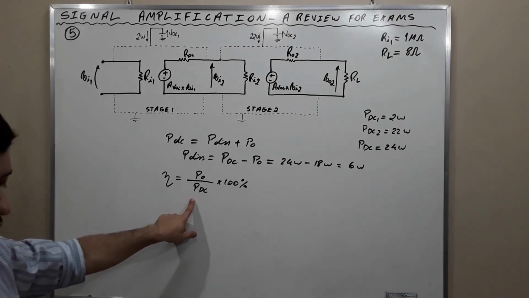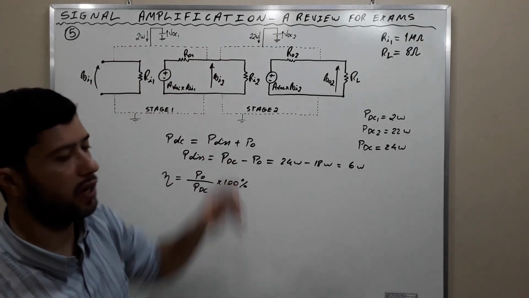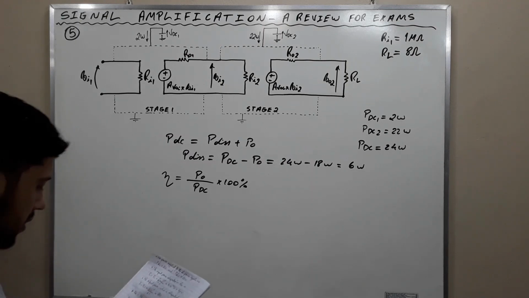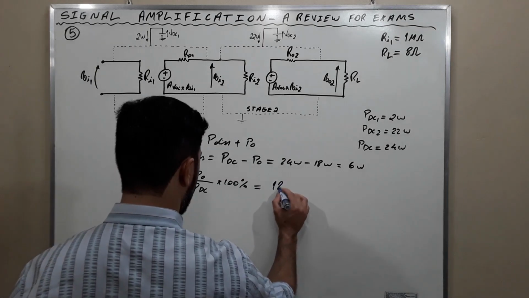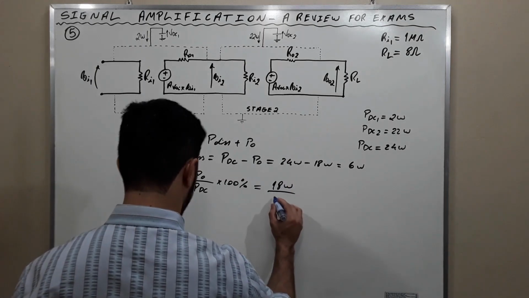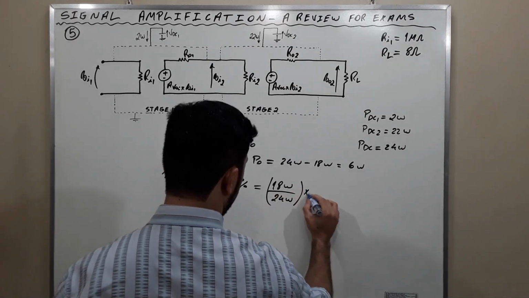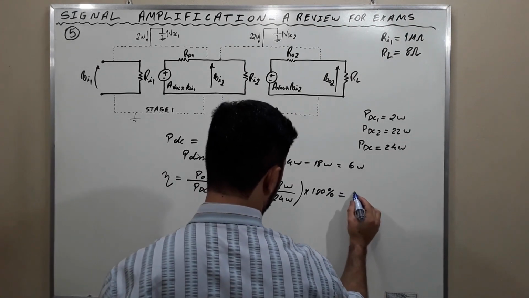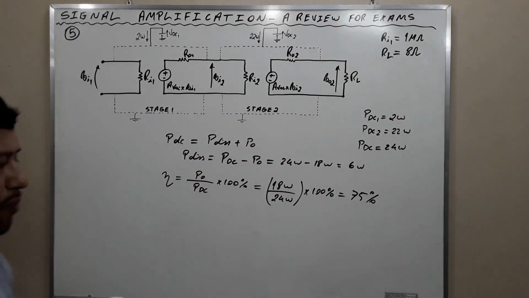So instead of considering it, we consider the DC sources that provide a whole lot more power to the amplifier, and then it is 18 watts divided by 24 watts times 100%, and this is an efficiency of 75%. Okay, my friends?